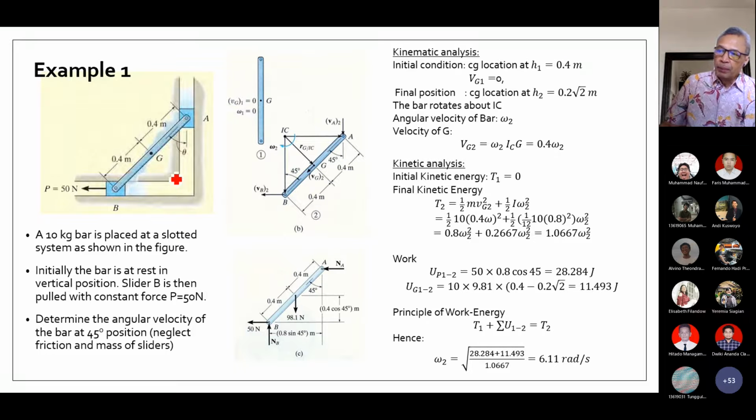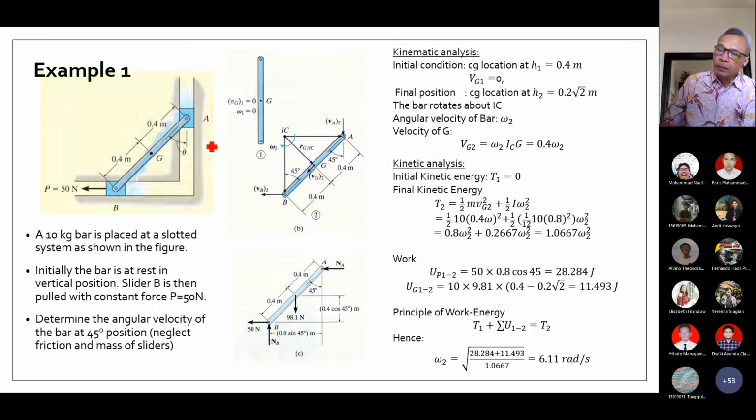So by using the information first, we define the initial velocity of this bar. We already know that it is at rest, and the velocity of this bar at its center of mass is Vg equal to 0 and omega equal to 0.